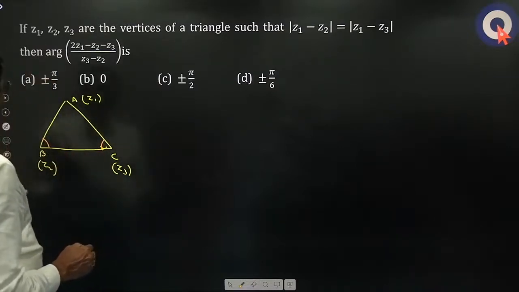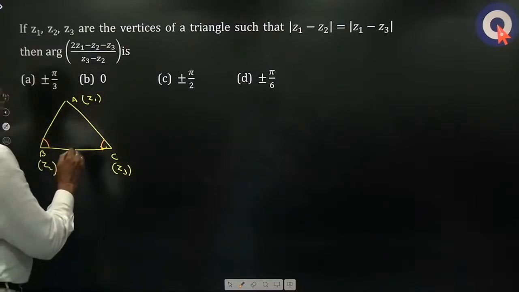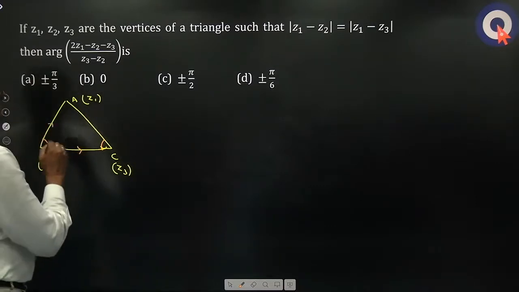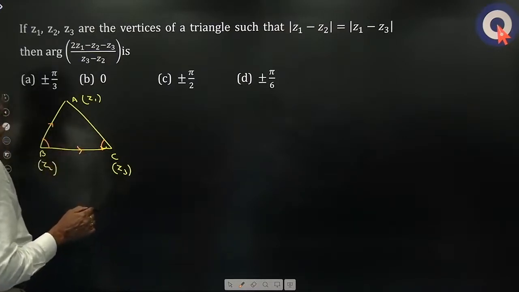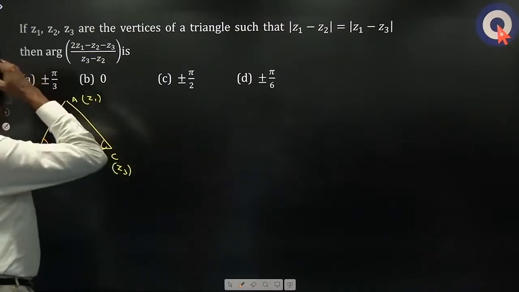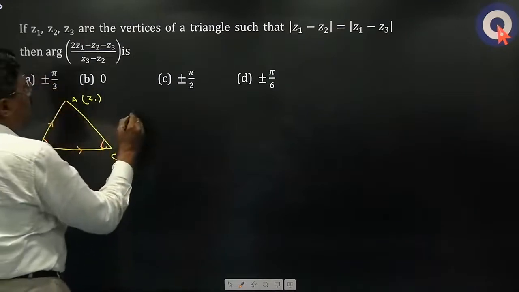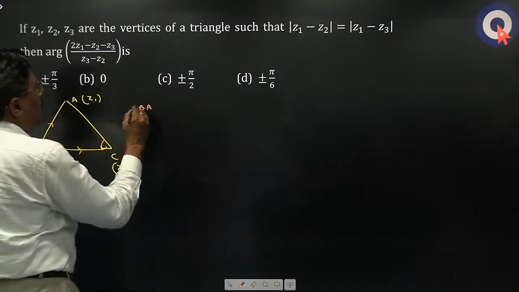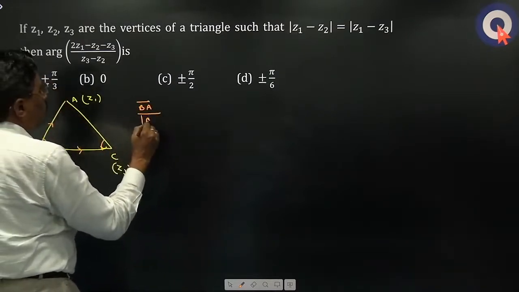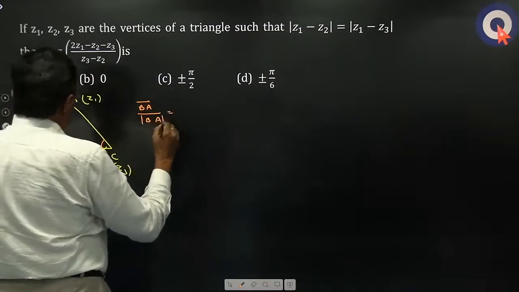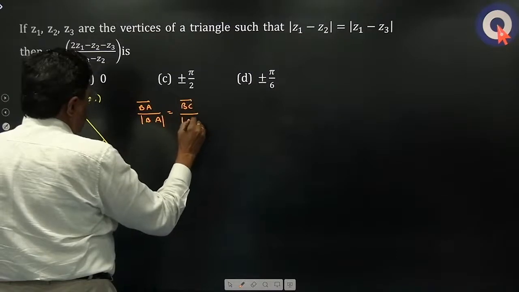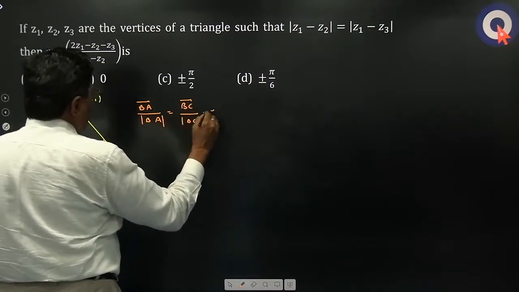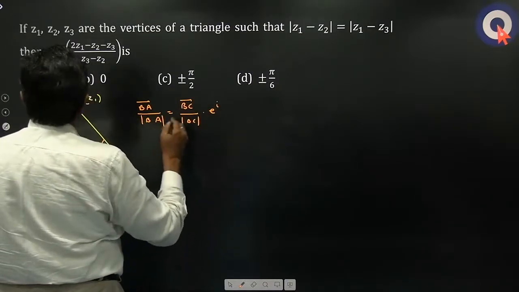All right. So then the argument of these things. What I will do is consider rotating BC to make it coincide with BA in the anticlockwise sense. So the final vector is BA. The final vector in the unimodular form is equal to the initial vector BC in the unimodular form into e to the power of i theta.